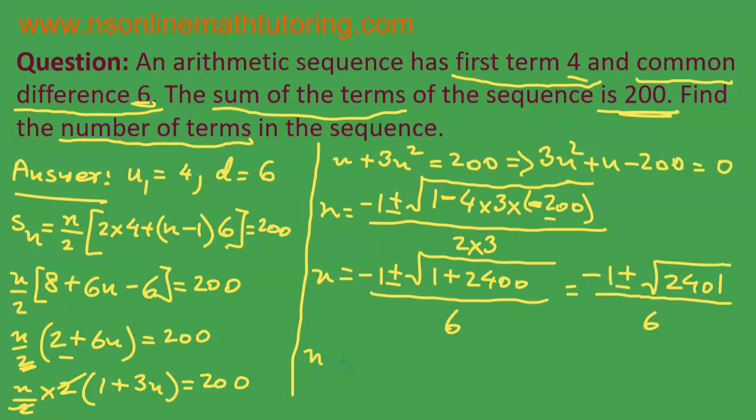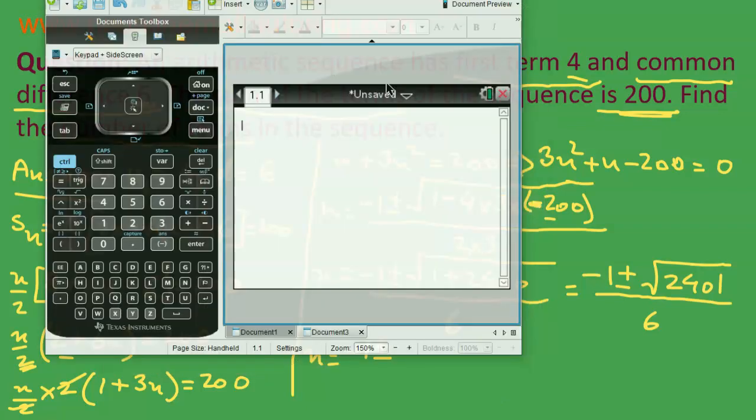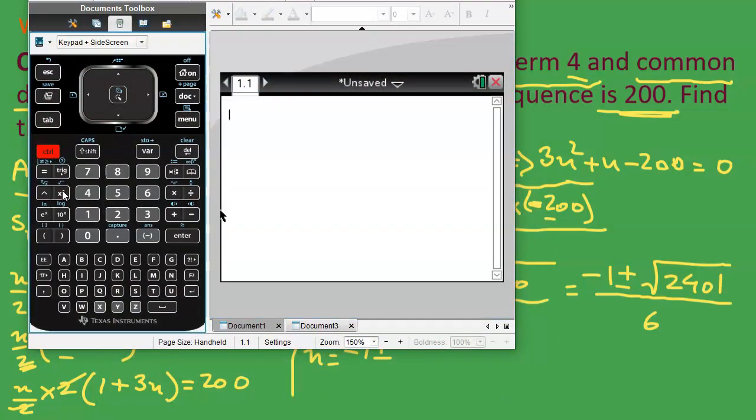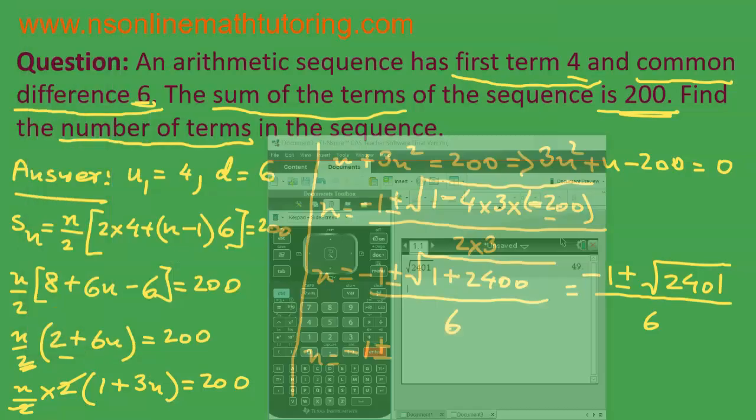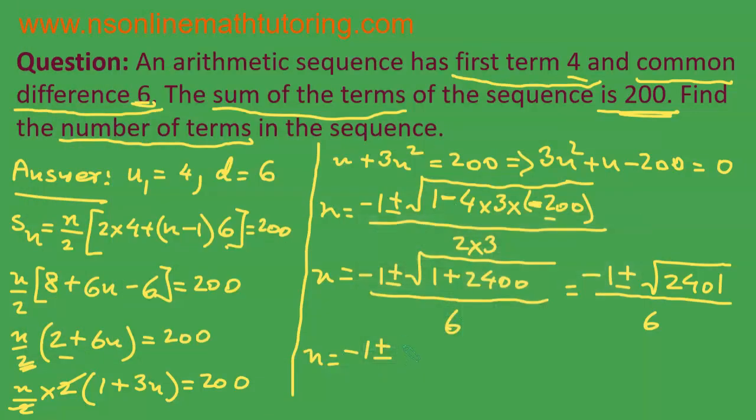So n is equal to minus 1 plus or minus the square root of 2401. It is 49. So this is plus or minus 49 over 6.